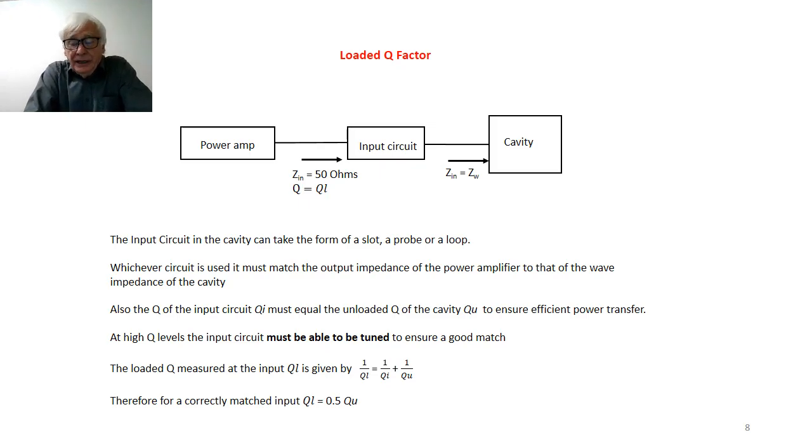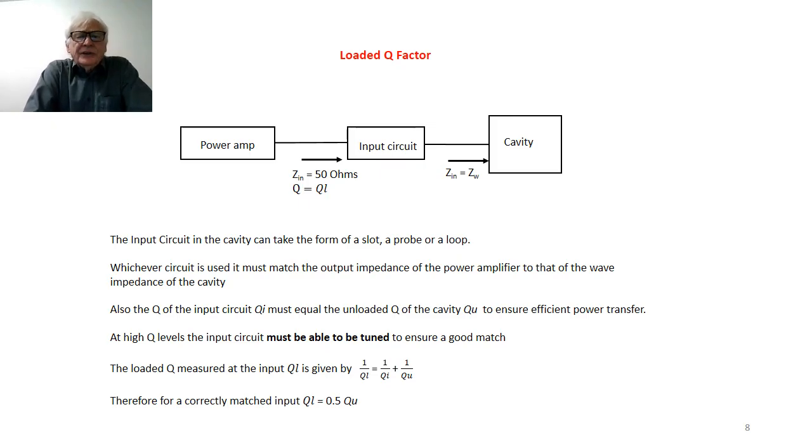This is quite a significant requirement on the input circuit, and almost inevitably it means that the input circuit itself must be able to be tuned so that you can get this good match between the output impedance of the power amplifier, if you like, and the wave impedance inside the cavity, as well as ensuring that the Q of this input circuit is maintained to be as close to the unloaded Q of the cavity as you can get.